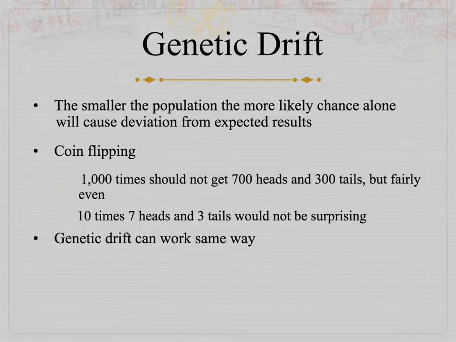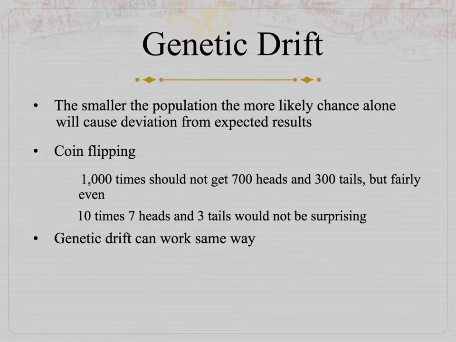However, if you flipped a coin 1,000 times and you got 700 heads and 300 tails, you would maybe check out that coin, figure out what was going on, because that wouldn't be what you would expect to get. You would expect to get about 500 and 500, give or take a few, but not 200.